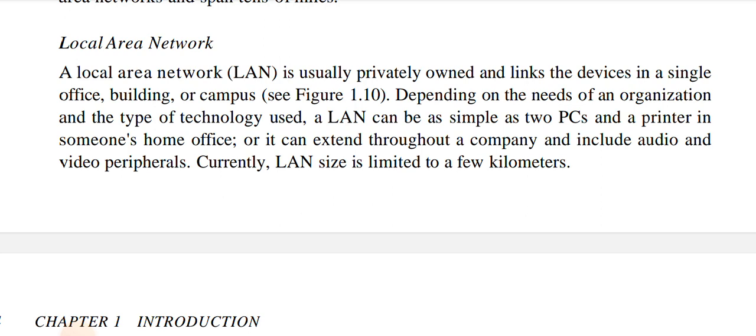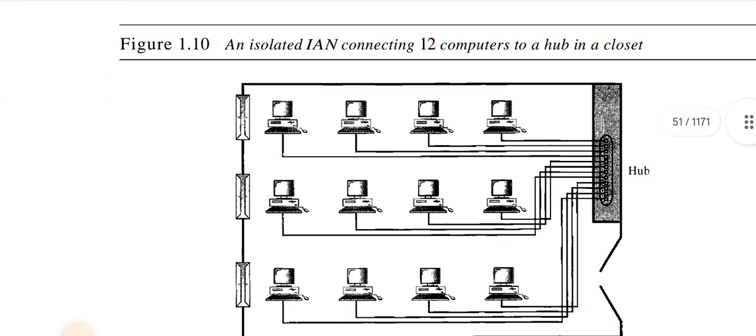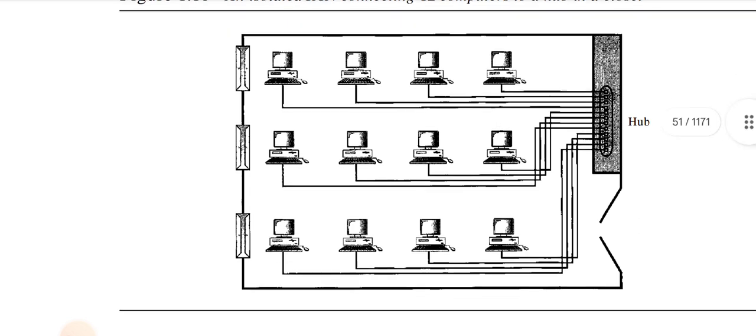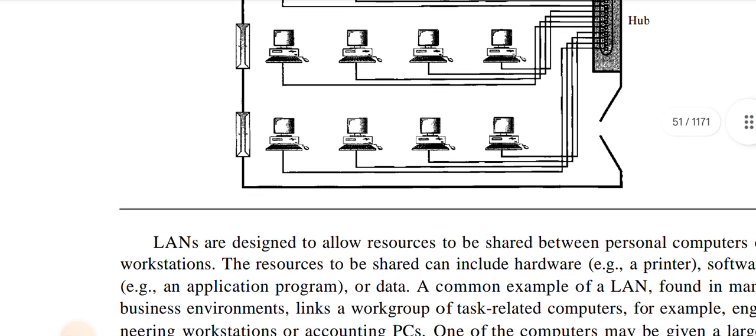Currently, LAN size is limited to a few kilometers. Figure 1.10 shows an isolated LAN connecting 12 computers to a hub in a closet. This is the hub and these are the computers connected to the hub.